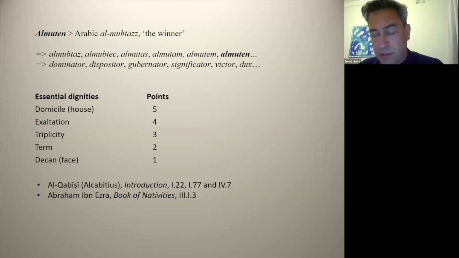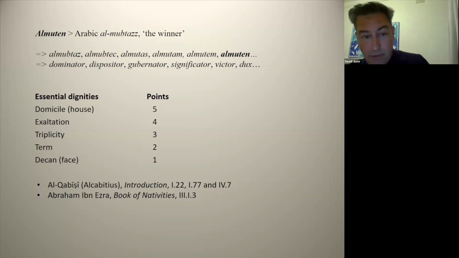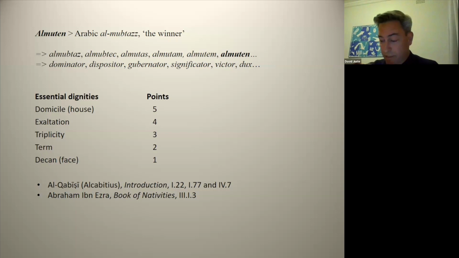Ptolemy is often obscure, and he is also obscure on this point. He does not exactly explain what is the relative strength of each of the essential dignities, which suggests that to him they are all considered equal. So those are the two main differences.